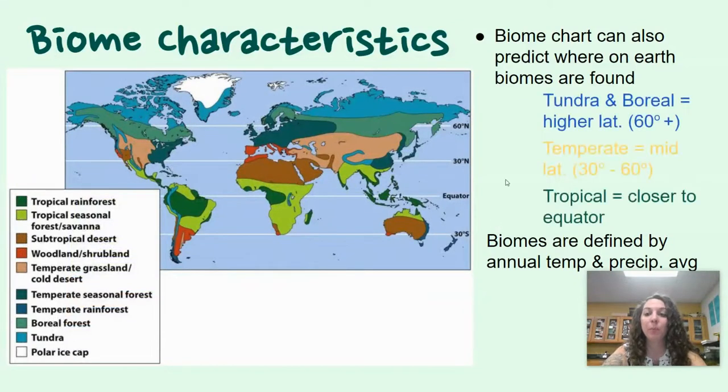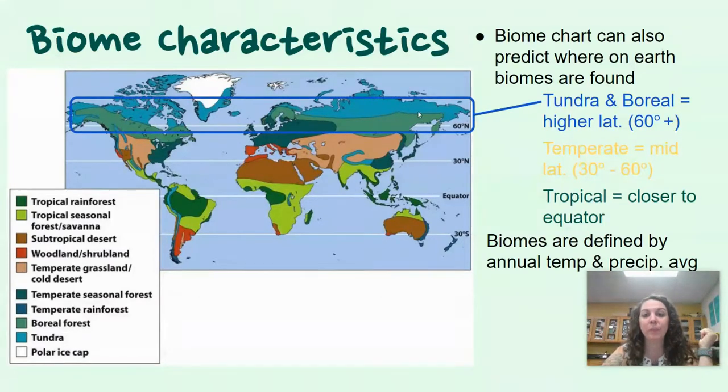So for example, when we look at our tundra, it's cold, it's got low precipitation. So using our brains, hopefully we should be able to realize that those are going to be found in those higher latitudes because it's cold there. So they're going to be like 60 plus degrees latitude.